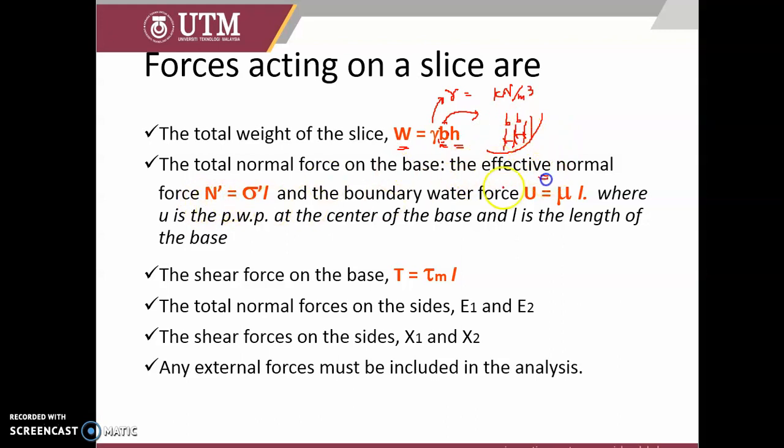So the effective normal force N comes from the effective stress times L, and the boundary water force from the water pressure times L, and the shear force at the base is T, which is the shear that mobilizes or induces the strength, induces the failure, times L. And the total normal forces on both sides are E1, E2, if you still remember.